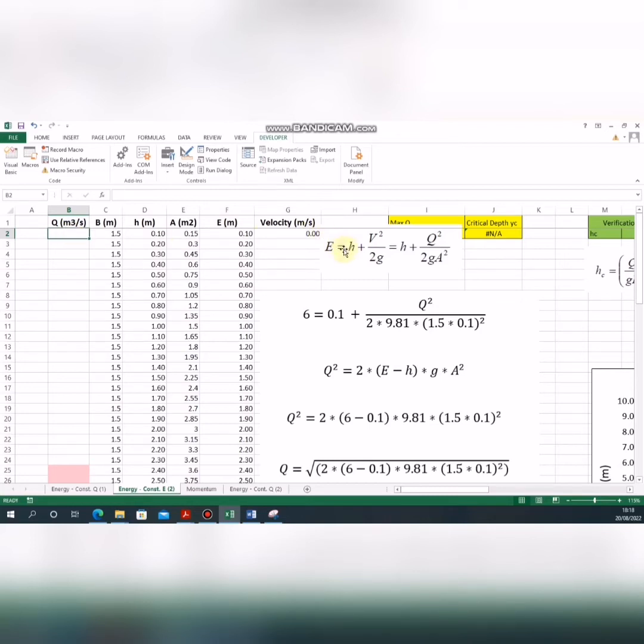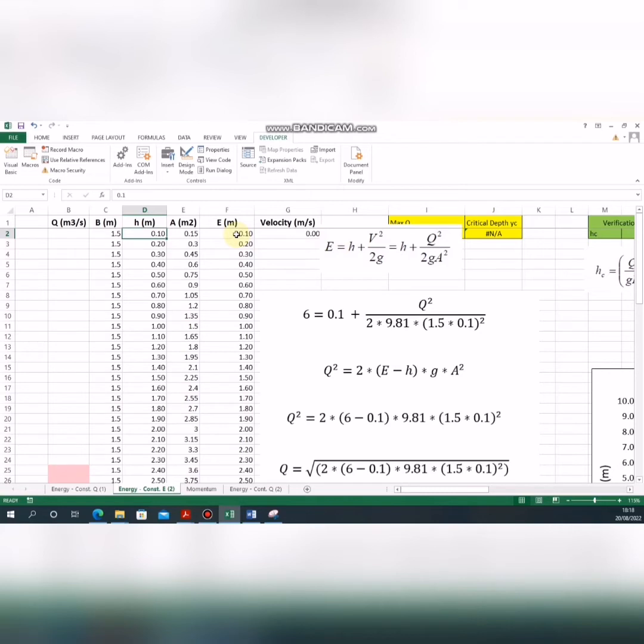I'm assuming the energy to be 6 meter, and the energy is given now as 6 meter. The height is given, this is the height of the water. The discharge is missing. So we need to work out the discharge that gives you 6 meter.